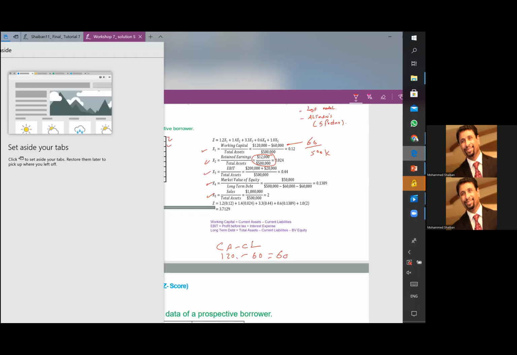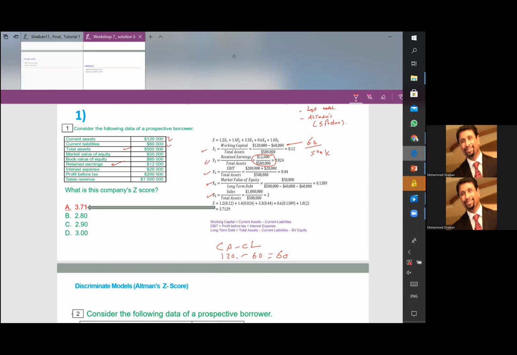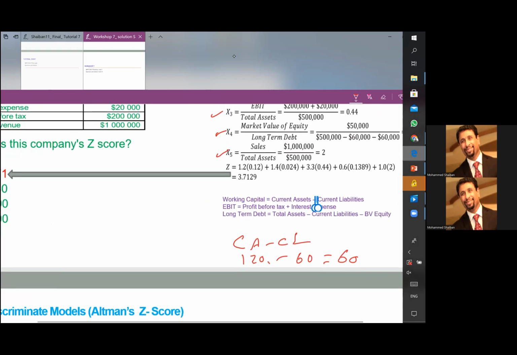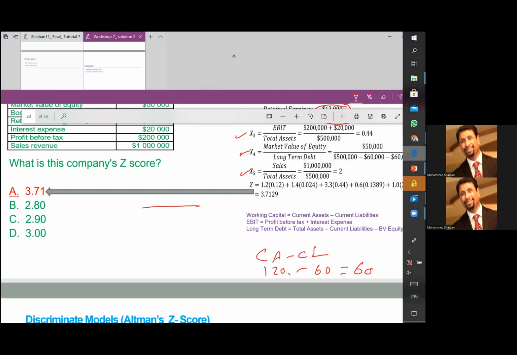So if you look at the balance sheet, for example, here, and I think I have explained it. This is the liabilities, and this is the assets.